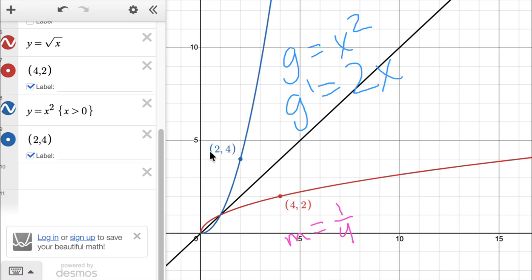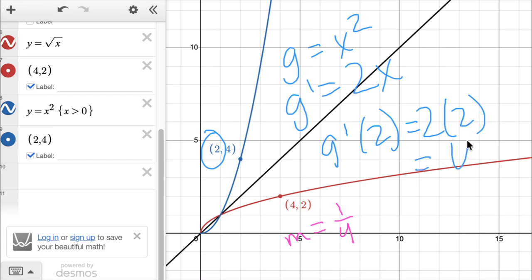So now our x value is 2. So g prime of 2 is equal to 2 times 2, which is equal to 4. So once again, we've demonstrated that the slope at the inverse point is just the reciprocal of the slope of the original point, which is the whole idea of this lesson of differentiating inverse functions.